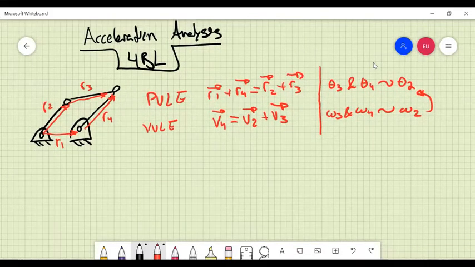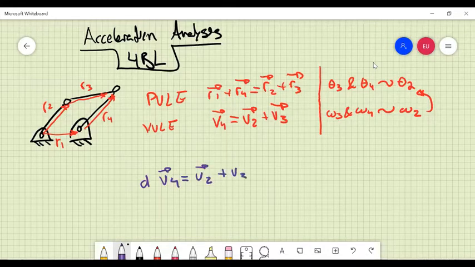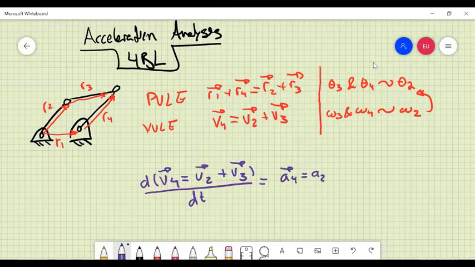Now the acceleration analysis consists of deriving that one with respect to time. When you derive that with respect to time, you end up having acceleration vectors. All of these vectors have something that changes with respect to time, so none of them are going to disappear from the acceleration vector loop equation.